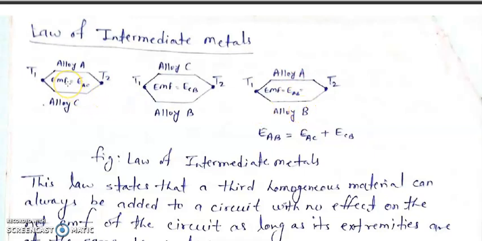Now this is the EMF which is produced by the temperature T1 and T2 difference across the two junctions. For alloy A and C it is written as EAC, and here it is ECB. A means alloy A, C means alloy C and B means alloy B. Taking the sum of these two EMFs, we can directly get the alloy A and alloy B junction EMF.